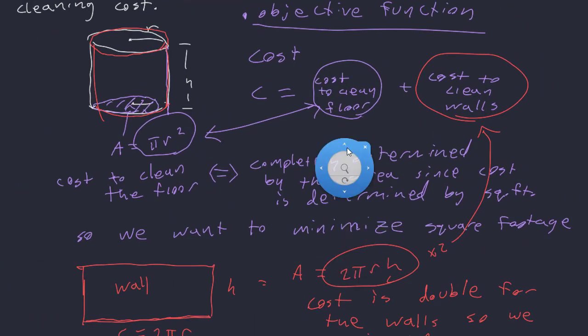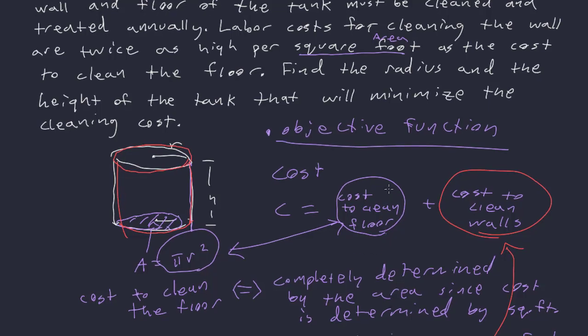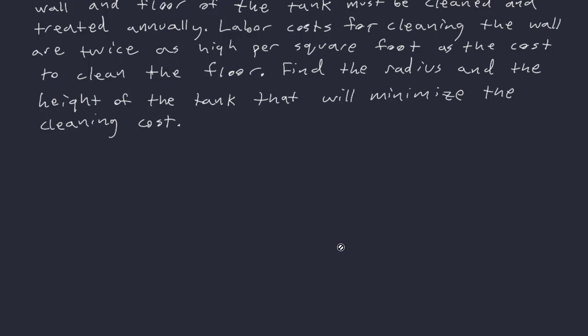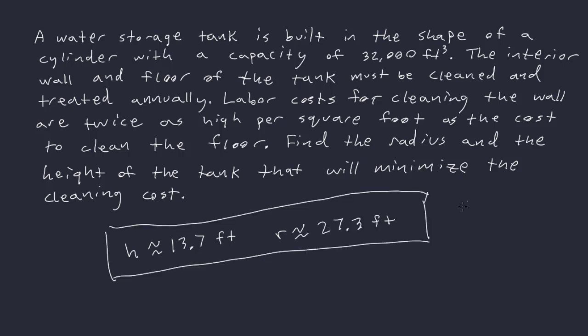Okay, so let's actually write our final answer here. Here's all our work. Now let's just finalize this by saying, okay, the height is about 13.7 feet and the radius is about 27.3 feet.